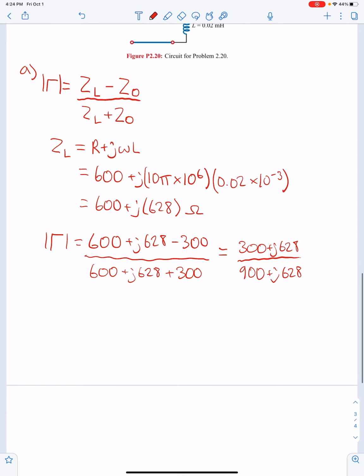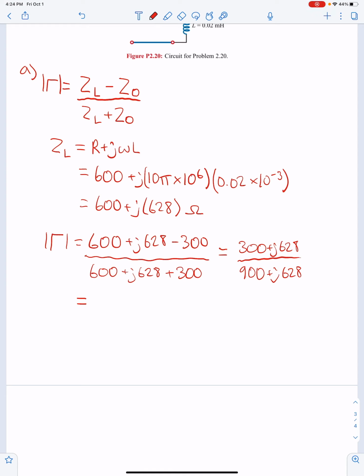And we can convert these to phasors and then simplify that way to divide these, but I'm just going to calculate this to save some time here.